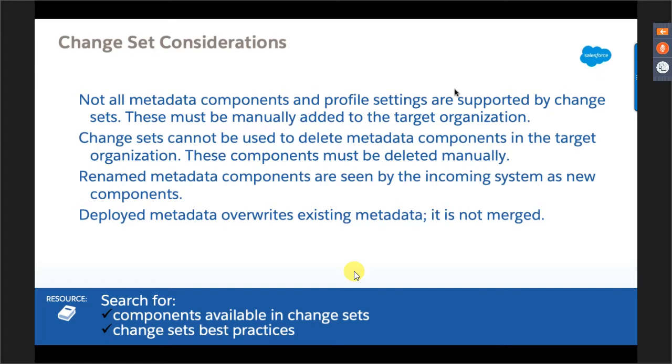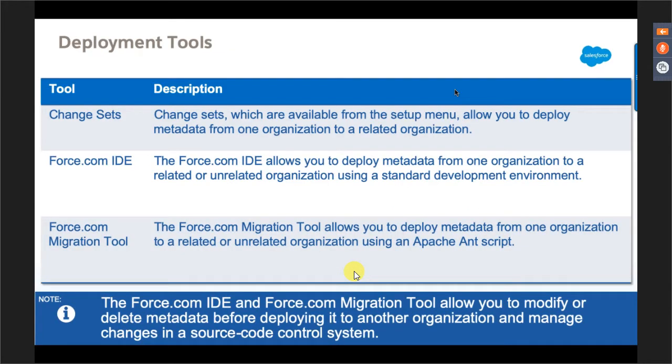Now, we had mentioned that change sets are one tool, the point and click tool that we as app builders can use, but there are other tools that can be leveraged as well to do the exact same thing in unknown organizations. The Force.com IDE and migration tool are two tools that we find. Tools and toolkit selection.